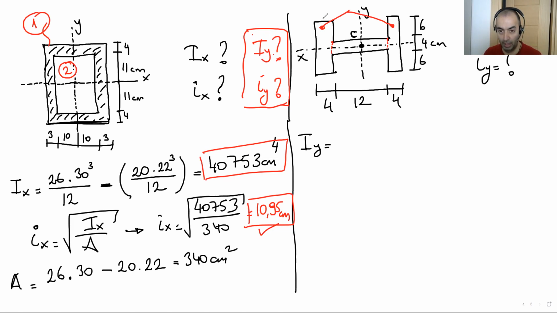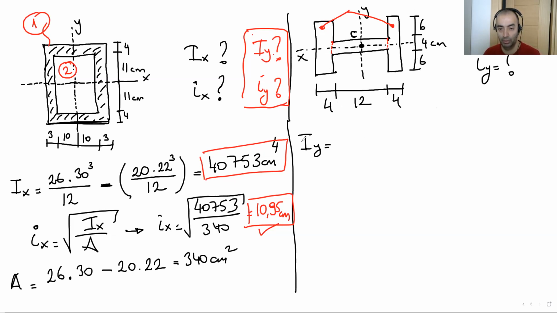That's why I'm going to make a calculation for one of them, then I'm going to multiply it by 2, so it represents these two rectangles.